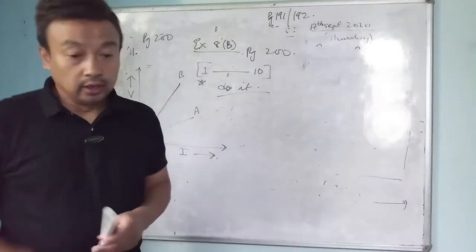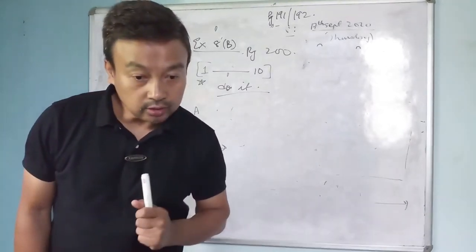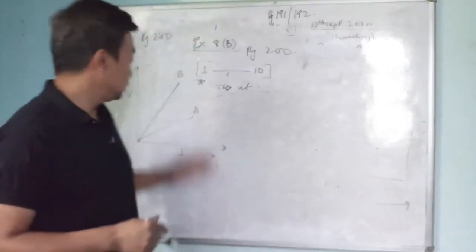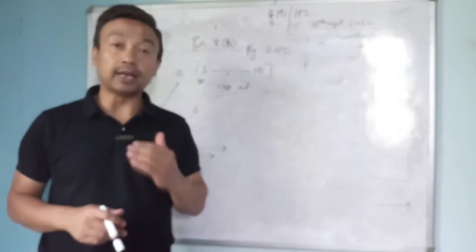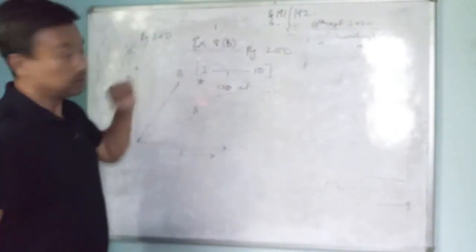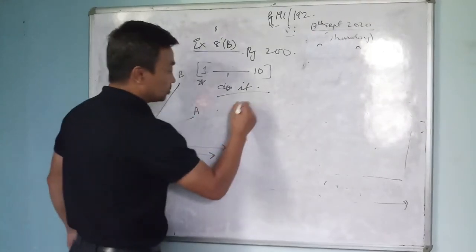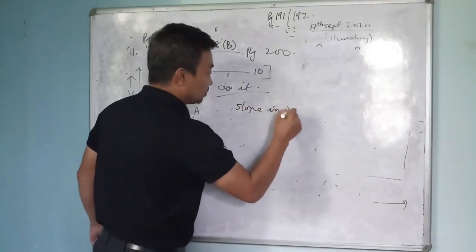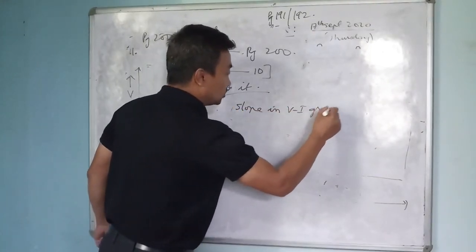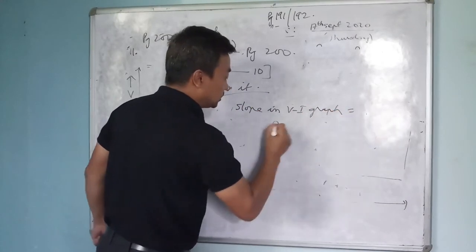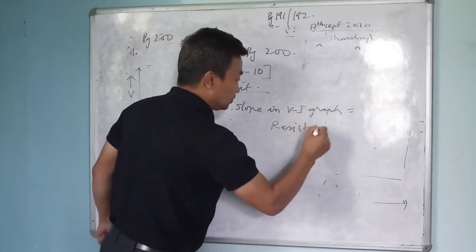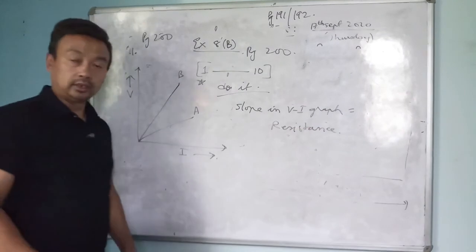Now you have to find which of the two lines, A and B, will represent the parallel combination. First of all, you see that the slope in the VI graph gives you the resistance, yes or no? It gives you resistance.